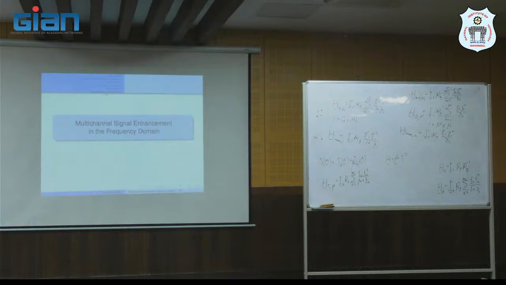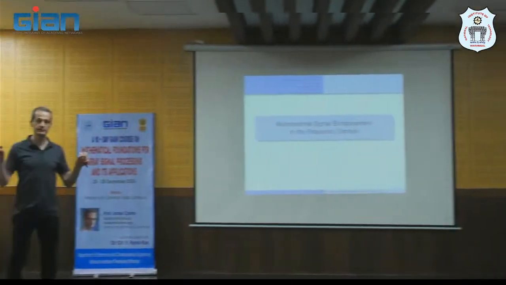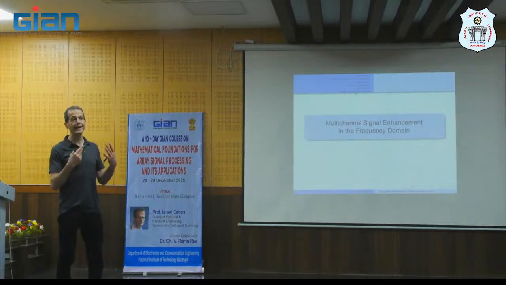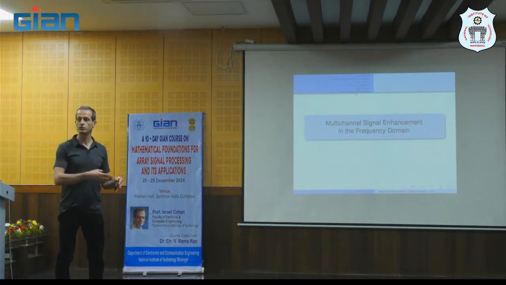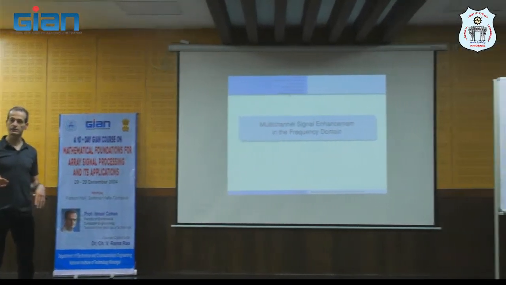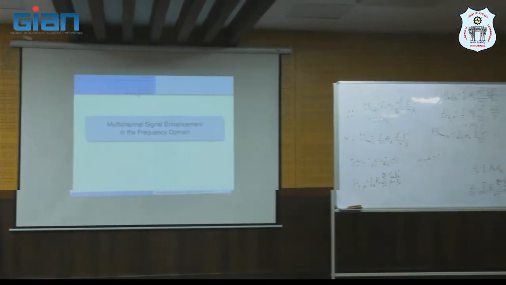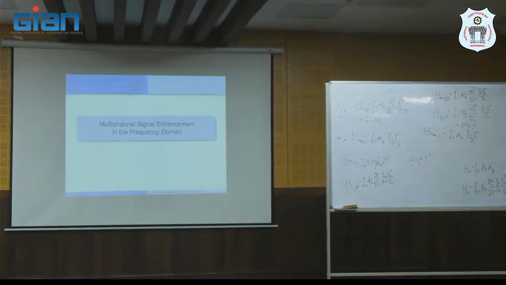So if we have two different sensors, we will use the correlation between the frequency components of these two sensors. So we are able to do also spatial filtering in addition to filtering in the frequency domain.